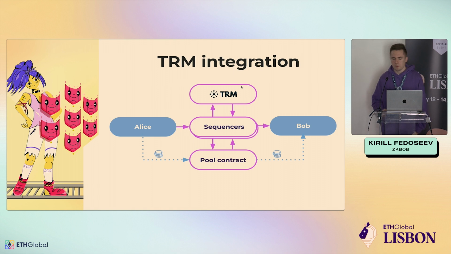So the way it works is when Alice wants to transfer some funds privately to Bob, so to make a deposit and then use it within the pool, well, all of your transactions with the pool and your interactions with the pool go through the centralized sequencer, which is going to be decentralized in the future.